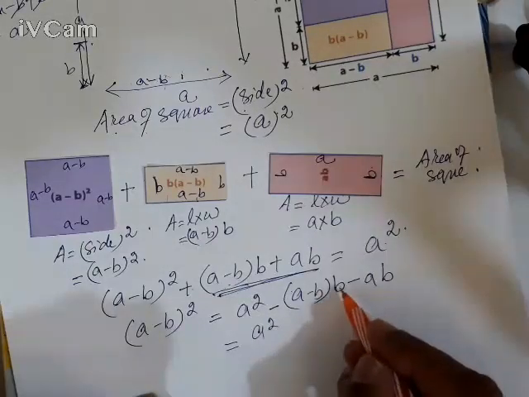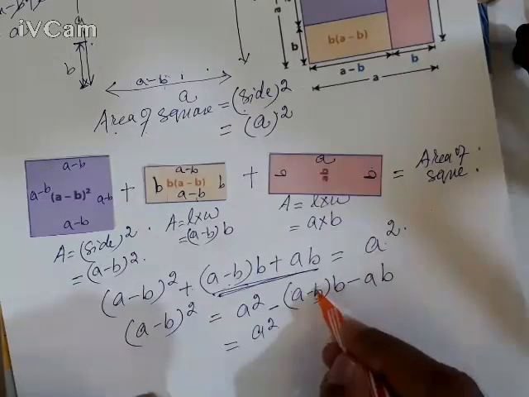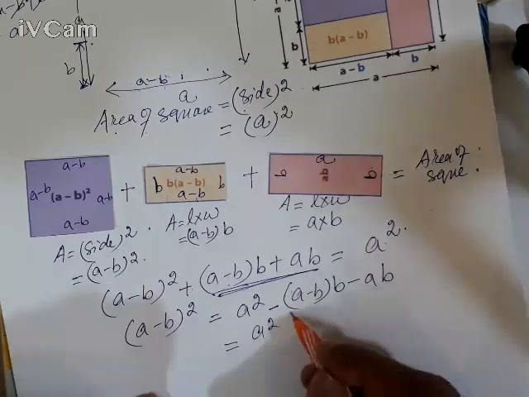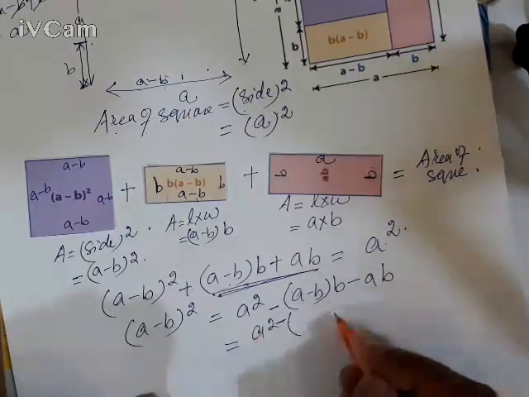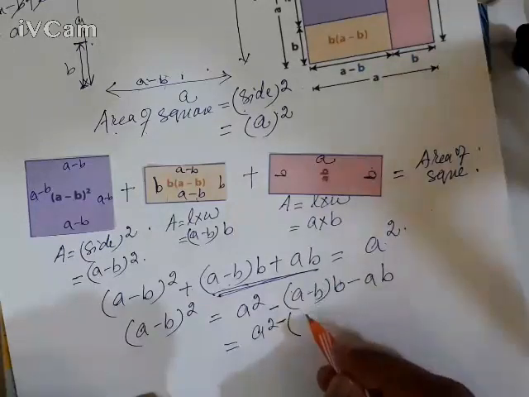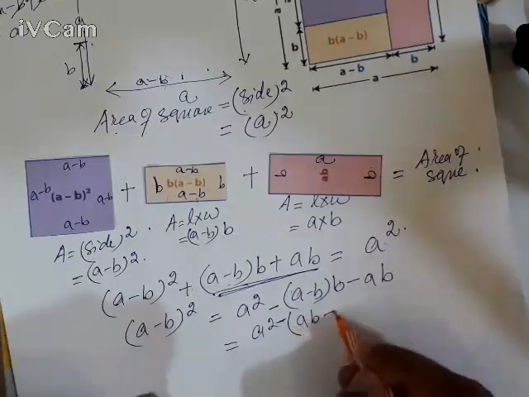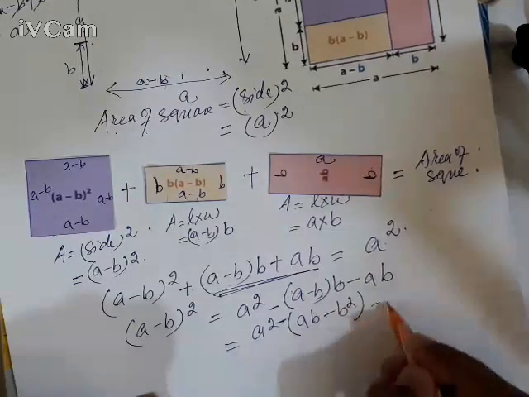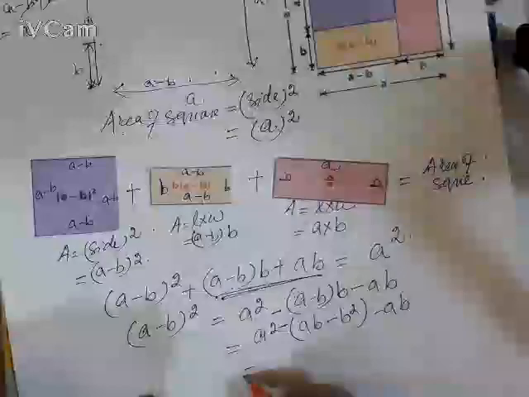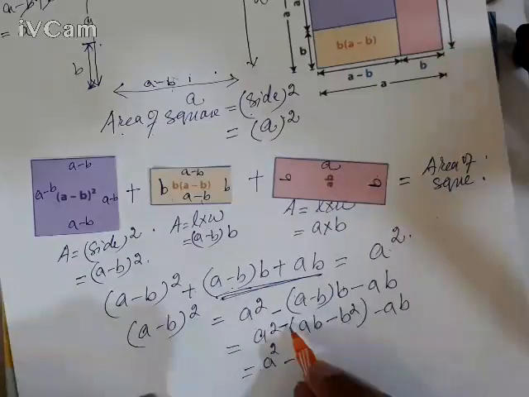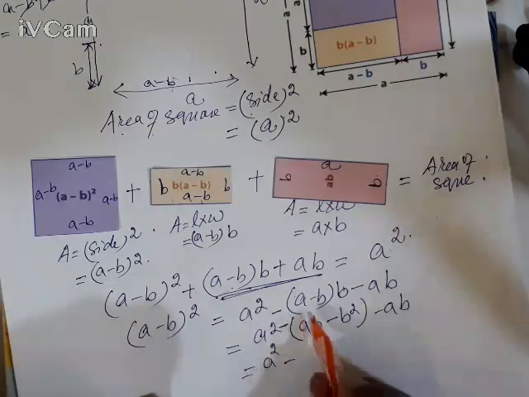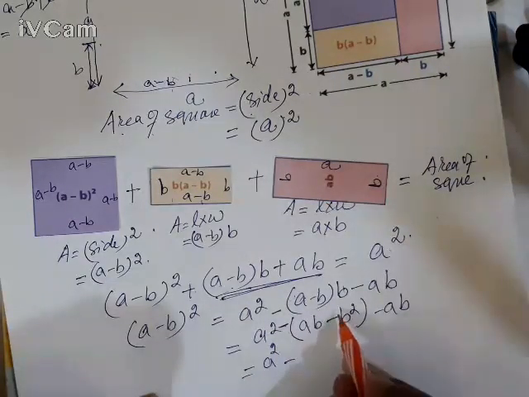And outside is b, so multiply this b inside the bracket. It's a minus b, so multiply inside, it's ab minus b squared. Now further, when you open the bracket, if outside is a negative sign and this sign is multiplied inside, all the signs will be changed.